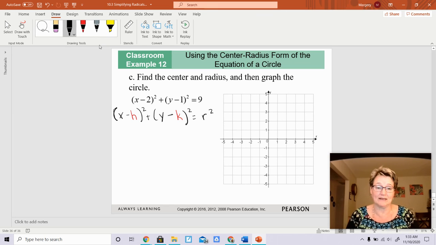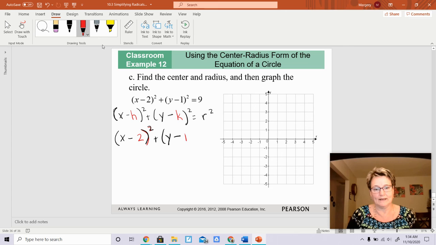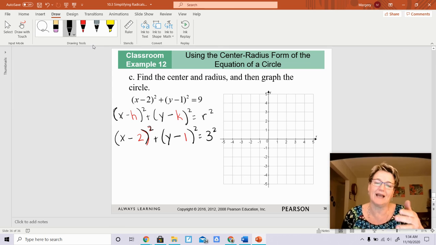So I'm going to end up with (x minus 2) squared plus (y minus 1) squared equals 3 squared, because the square root of 9 is 3, so it's got to be 3 squared.